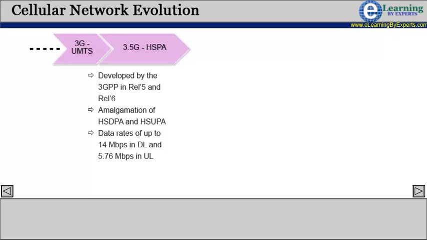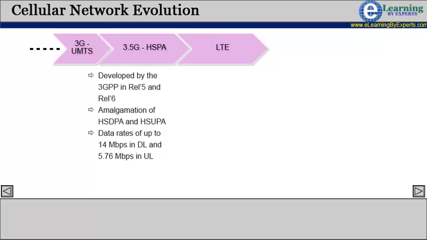HSPA is an amalgamation of two mobile telephony protocols, High-Speed Downlink Packet Access, HSDPA, and High-Speed Uplink Packet Access, HSUPA, that extends and improves the performance of existing third-generation mobile telecommunication networks utilizing the WCDMA protocols. The first HSPA specifications supported increased peak data rates of up to 14 Mbps in the downlink and 5.76 Mbps in the uplink.